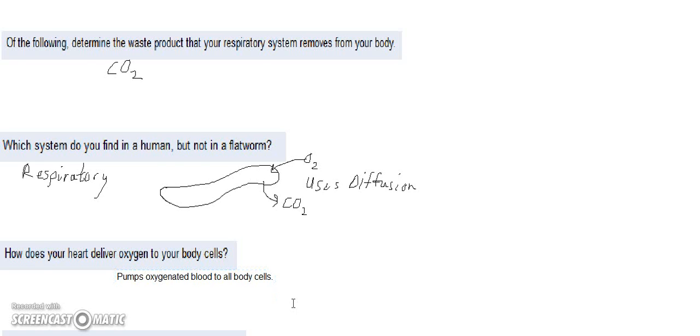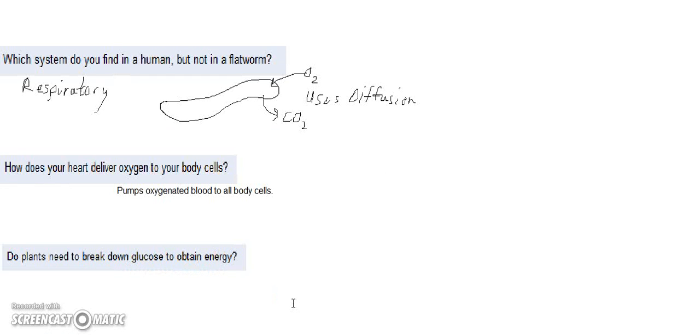We have one more. There we go. Do plants need to break down glucose to obtain energy? Now this goes along with what we were talking about, how plants do both photosynthesis and cellular respiration. And so yes, plants do need to break down glucose because cells can't use glucose.